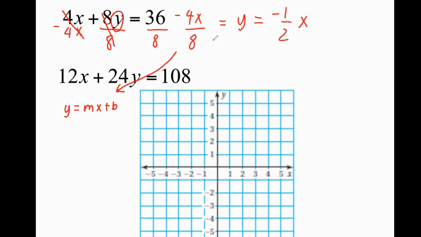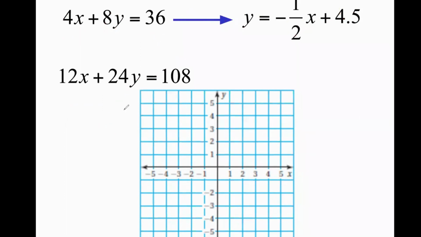Negative 4 over 8 would simplify or reduce to negative 1/2. And then 36 divided by 8 is actually 4.5. So I would just put that as 4.5. So your first equation rewritten in slope-intercept form would be y equals negative 1/2 x plus 4.5.